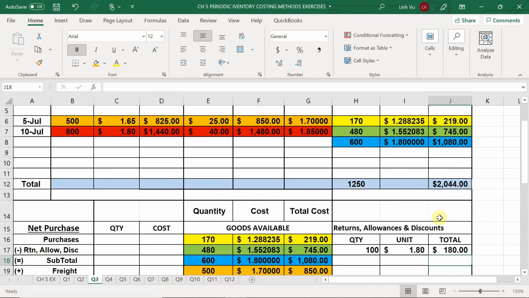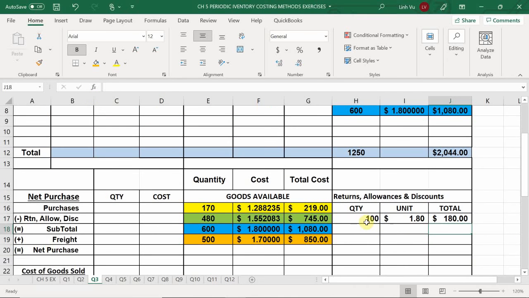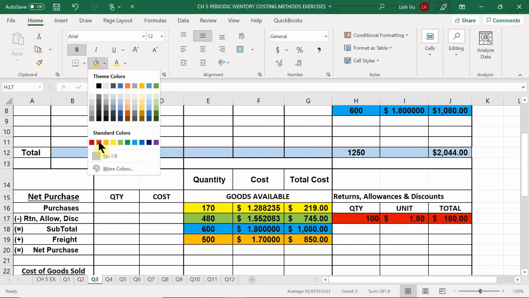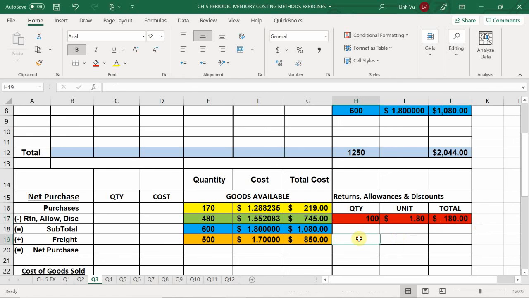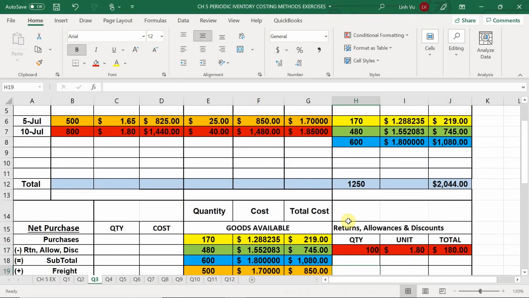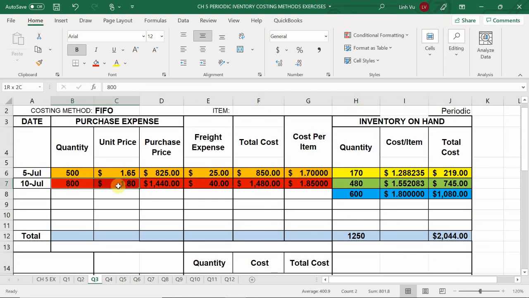And this one is going to be associated with the red batch of inventory that I just bought.